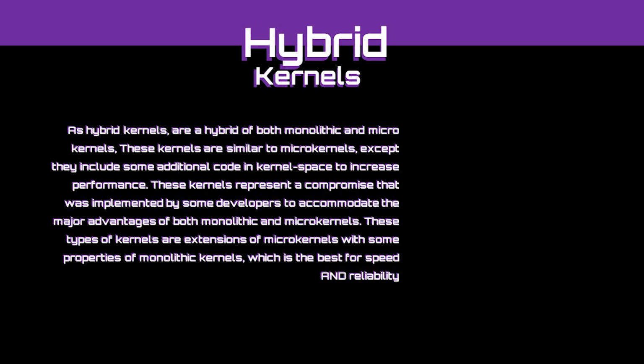These types of kernels are extensions of microkernels with some properties of monolithic kernels, which is the best for speed and reliability. There are a few more lesser known kernel types like nanokernel, the exokernel, and the multi-kernel.